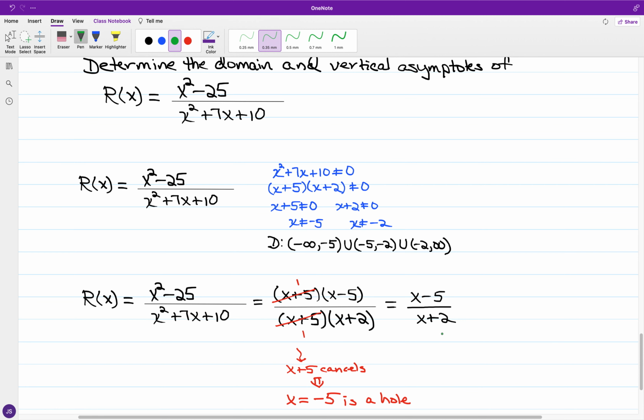And for x plus 2, that remains. And since that factor remains, the corresponding 0 is going to be the lone vertical asymptote.